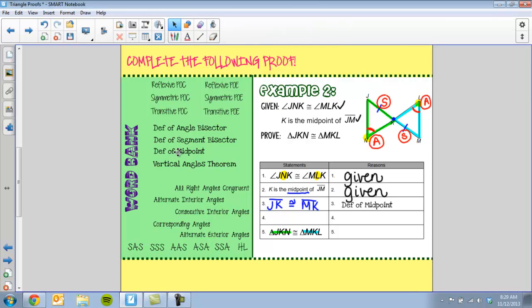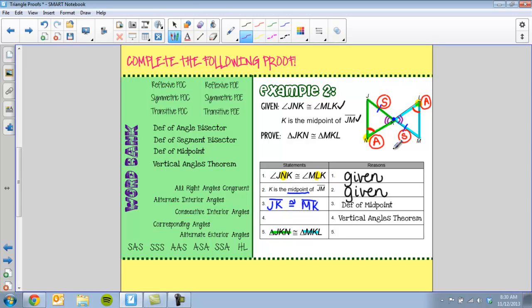What I've heard some of you say is vertical angles, and you are absolutely correct. If you don't remember, vertical angles are two angles that meet at the same vertex but go in opposite directions, or basically they create opposite V's.